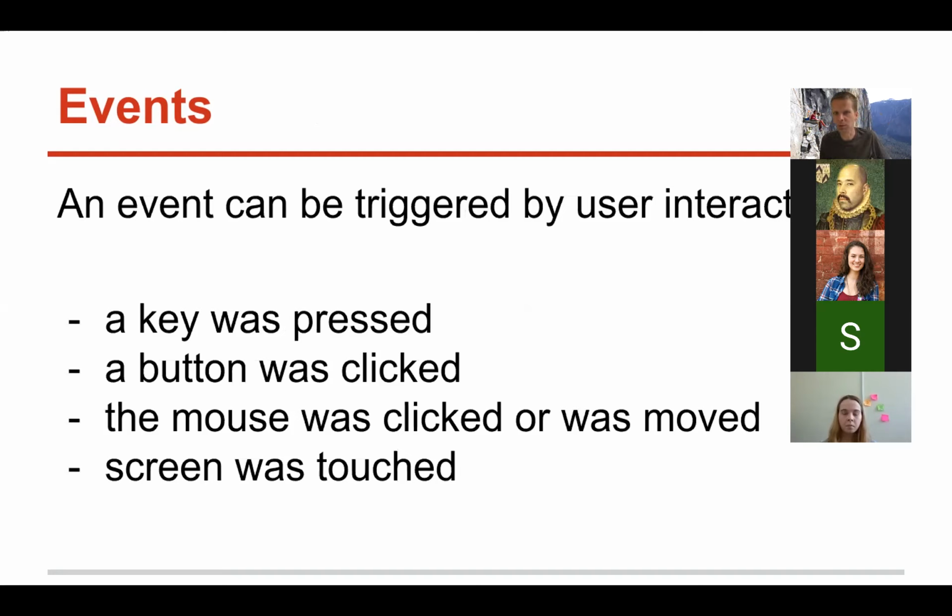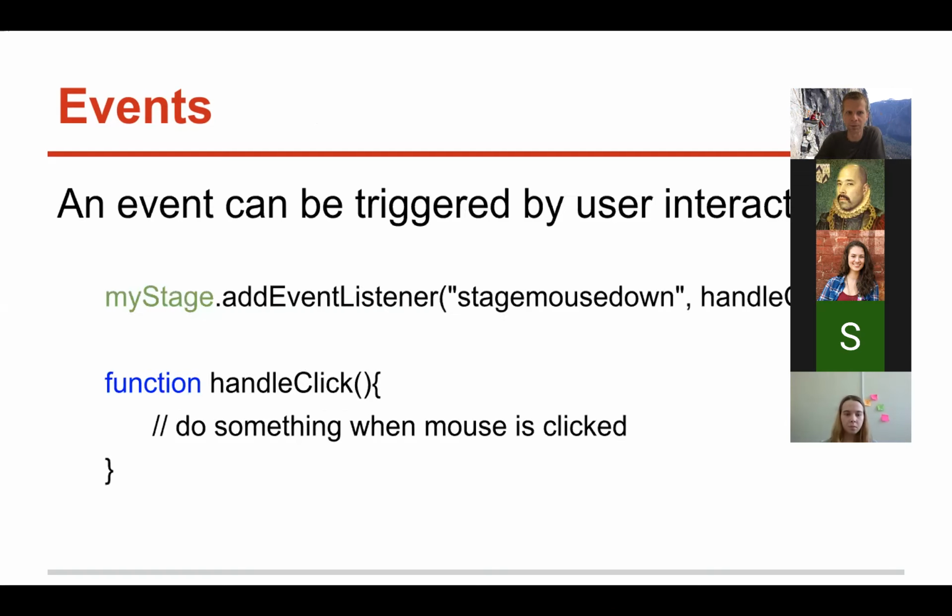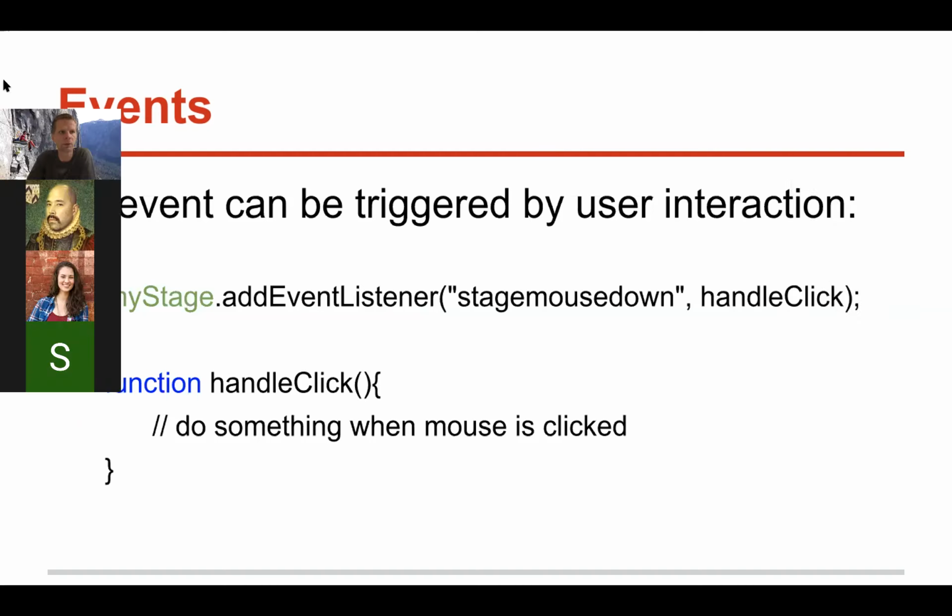But events can be triggered by a lot of different types of user interaction. For example, a key was pressed, a button was clicked, the mouse was clicked or moved, or the screen was touched if you're using a touch screen. All those things can be user interactions that cause events. And there's a key structure that you can use for this. Built into JavaScript is addEventListener, a function that can be added to almost any object in JavaScript.